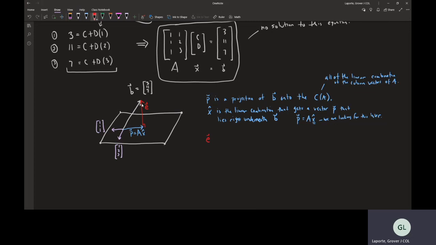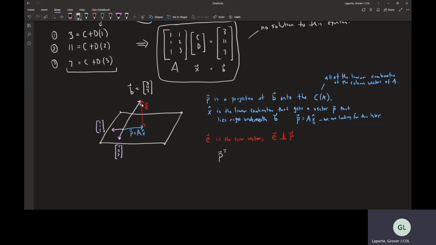So what is E? E is the error vector. And E is going to be orthogonal to P. And from your linear algebra review, we know that if E and P are orthogonal to each other, then that means that P transpose E is equal to 0.